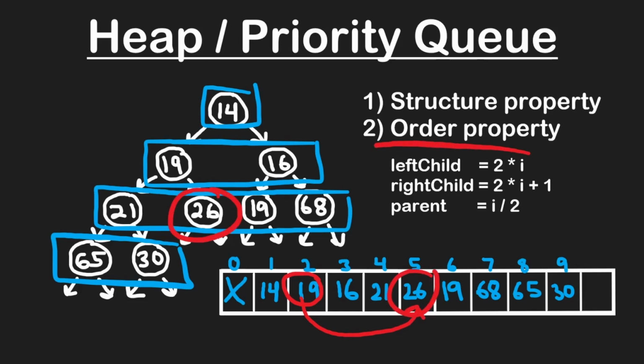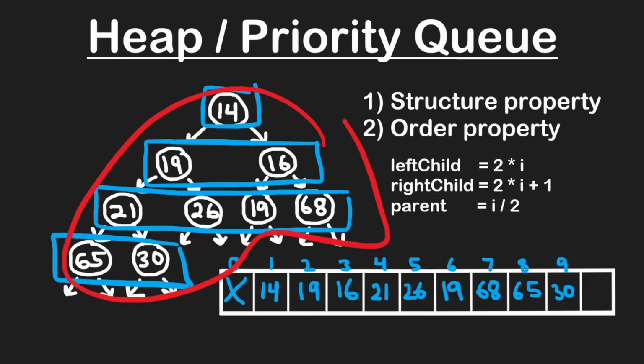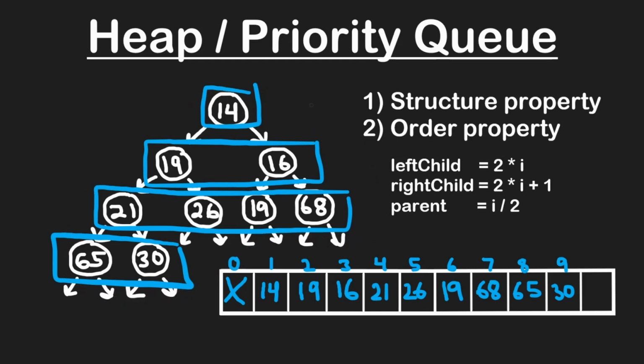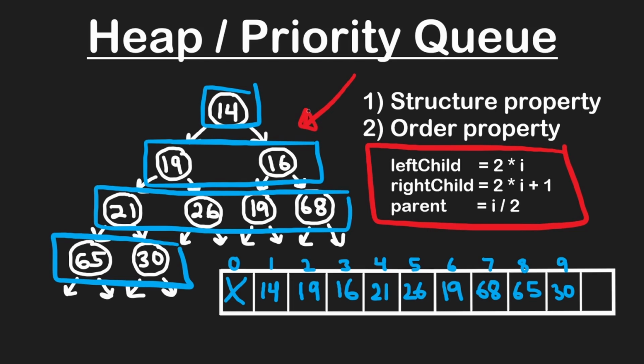Now, these properties, by the way, are only true because we have a complete binary tree, which means every node is filled except possibly the last level. This would not be true for a regular binary tree or a regular binary search tree. That's why we use these for binary heaps, because they're complete binary trees.